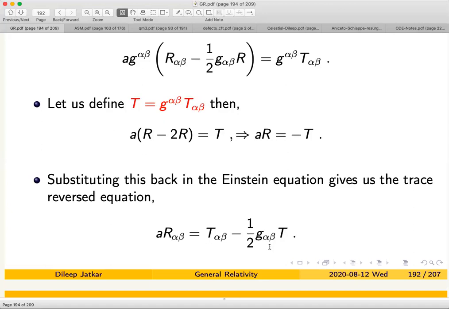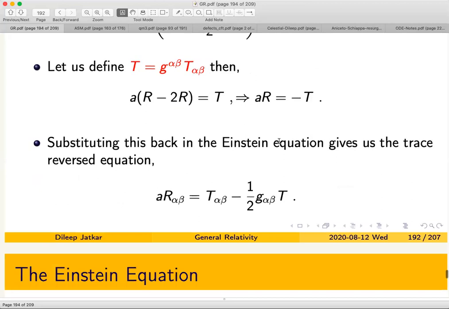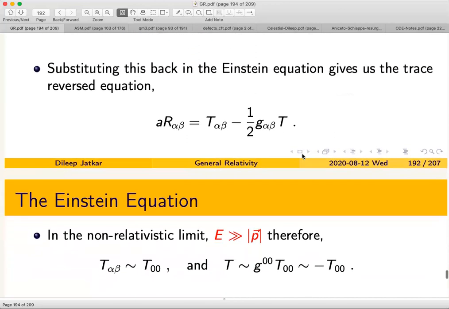Many times you will find that this may be a more convenient form of the equation for doing certain calculations than actually working with the original Einstein equation.